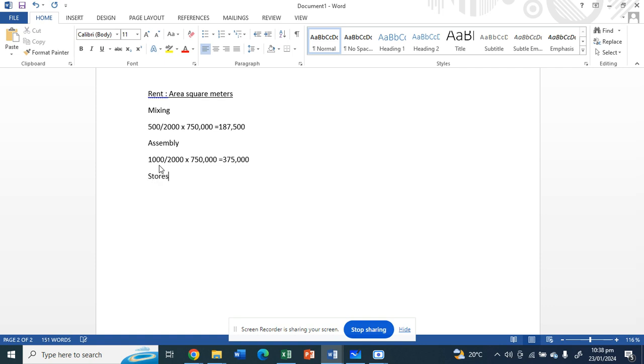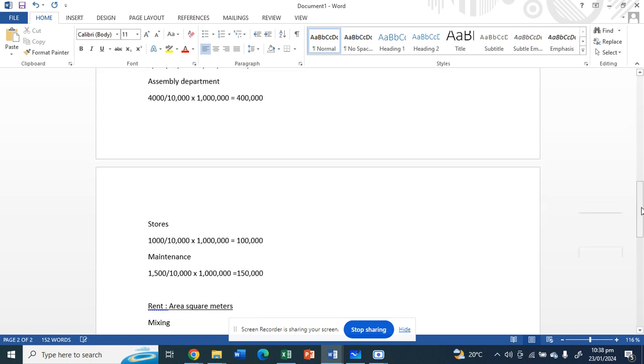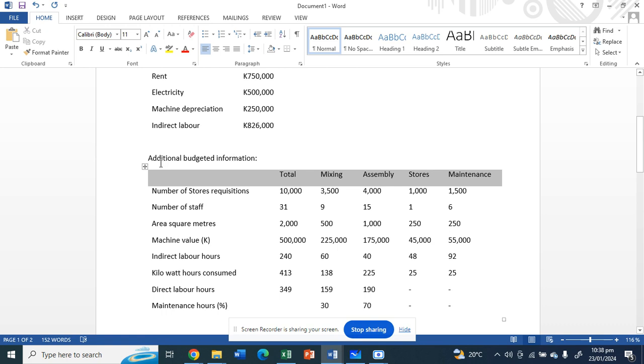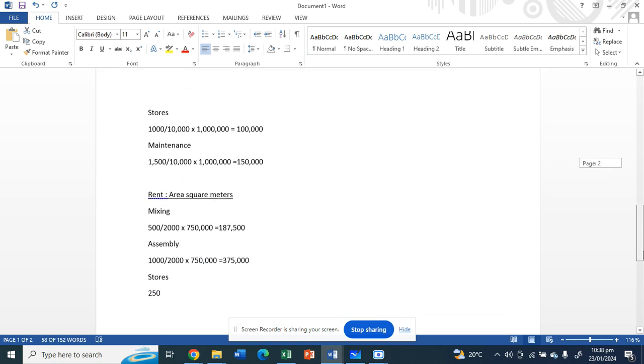Stores, I remember it was 250. Remember, all this information is coming from the additional budgeted information. So stores 250 and maintenance 250. Then 250 over 2,000 times 750,000, and even for maintenance, 250 over 2,000 times 750,000.